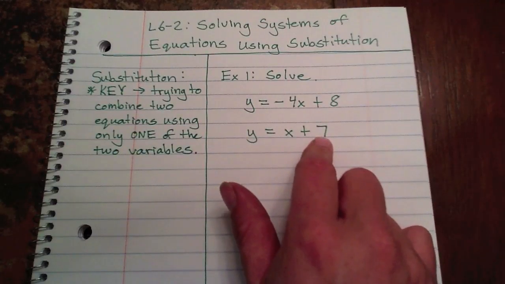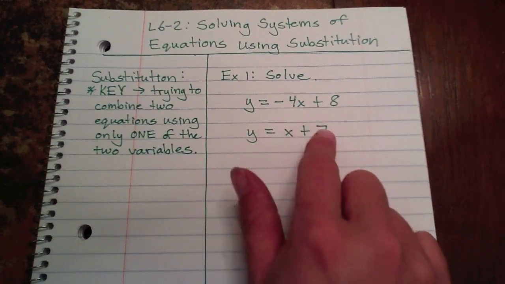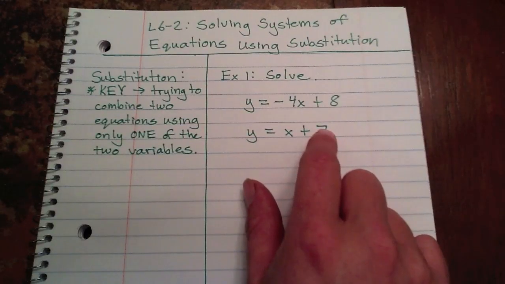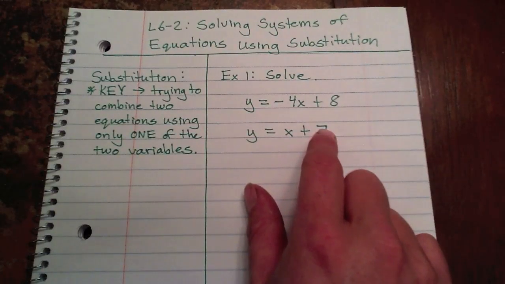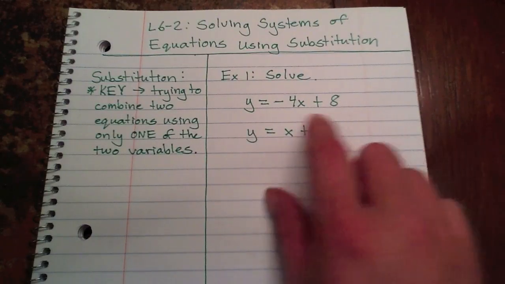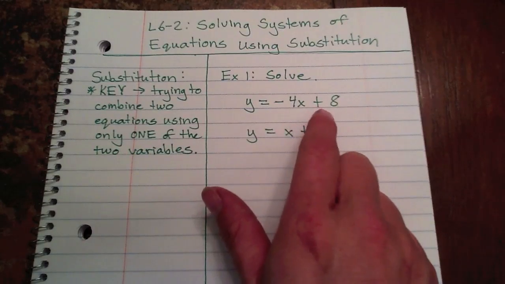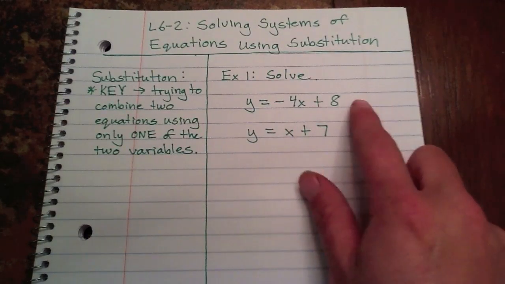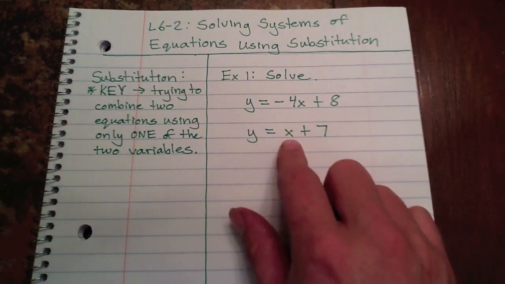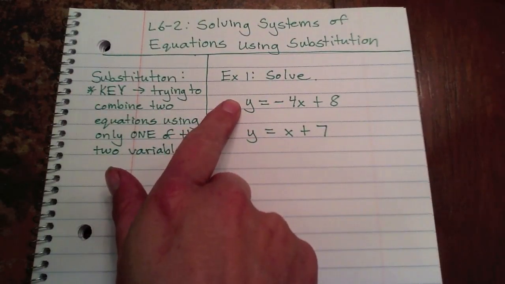My y here is equal to x plus 7, which means that since I'm looking for the one point where these two lines cross, I know that x is exactly the same value and y is exactly the same value in each of these. So whatever this x ends up being, if I add 7 to it, I have y here also.